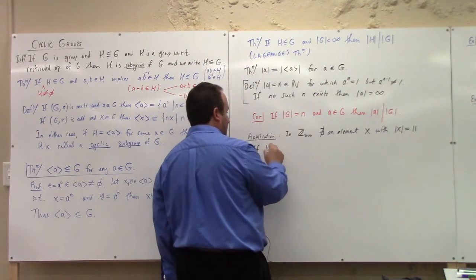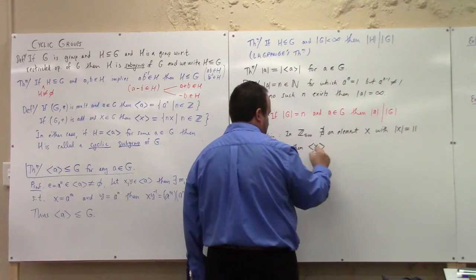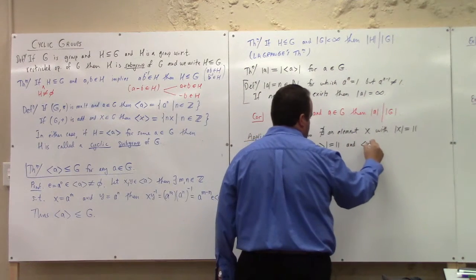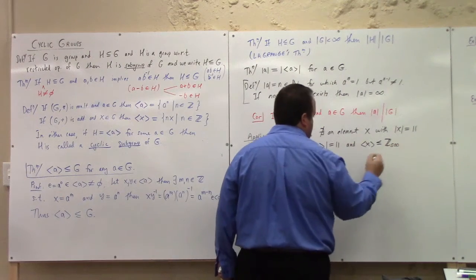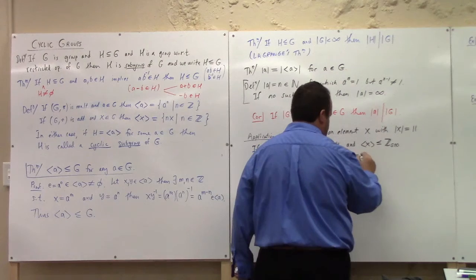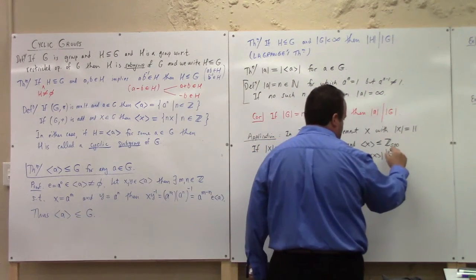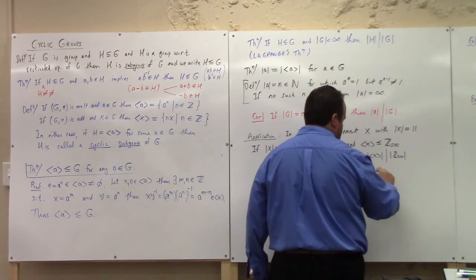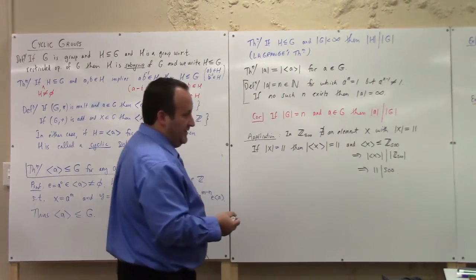Because if the order of x is equal to 11, then the set generated by x has order 11, and the subgroup generated by x is a subgroup of Z500. So by Lagrange's theorem, this implies that 11 divides the order of Z500. Well, the order of Z500 is 500, which is to say that 11 divides 500, which is not a truth that you can buy in the store, right?